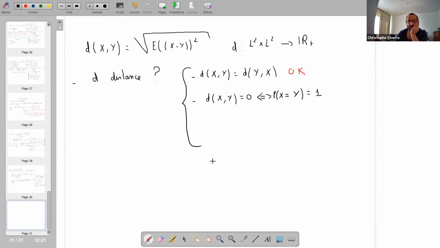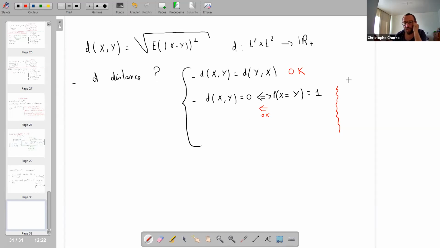So why do I have this? Here it's a little bit more tricky. It's just a result on expectation. One side is obvious, because if they are equal with probability 1, this one is 0 with probability 1, and the expectation of something that is 0 will be 0. So this side is okay.